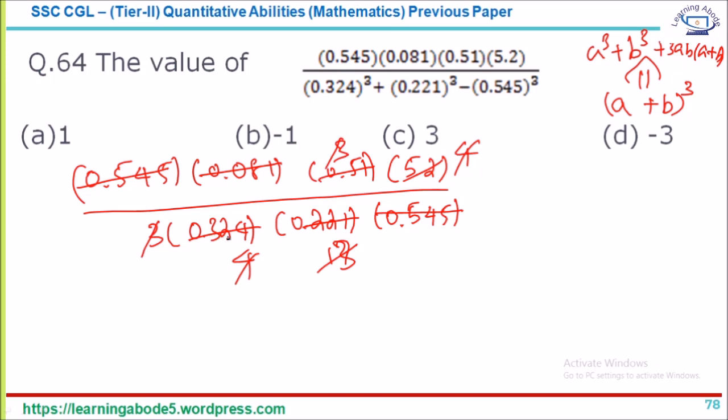All you're left with is minus 1, because in the denominator here you have a minus. So the answer is option B, minus 1, for question number 64.